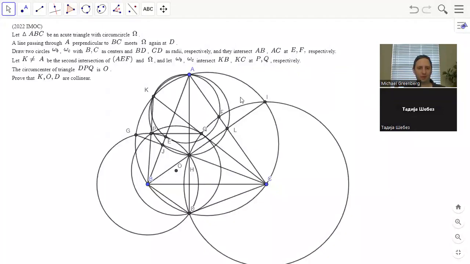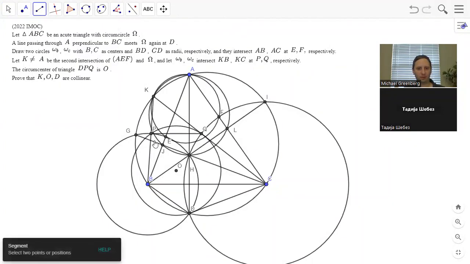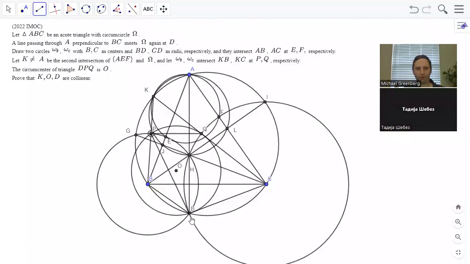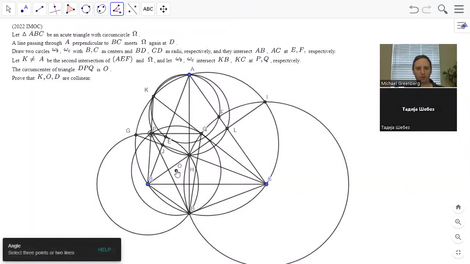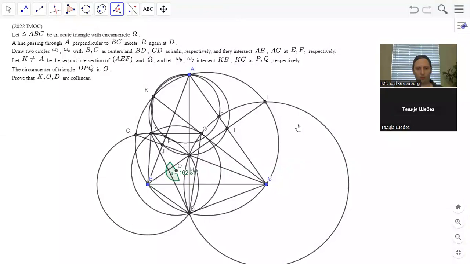Interesting. Because we already know that DH is perpendicular, so if we could show that those are isogonal, that would solve the problem. Okay. Interesting. Yeah, I'm sure it's true.